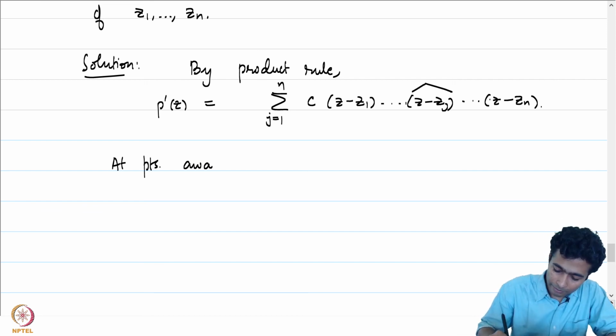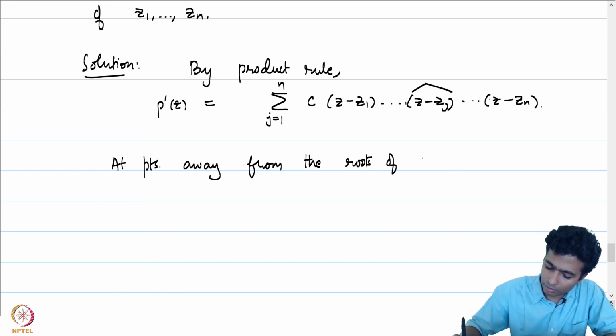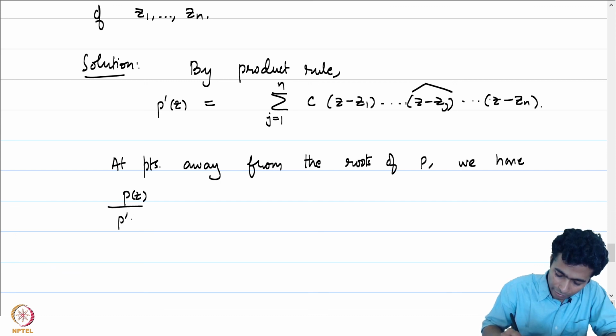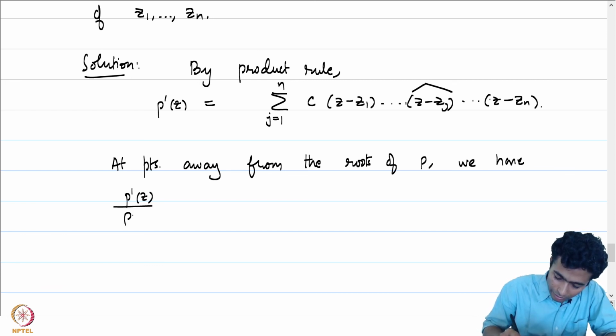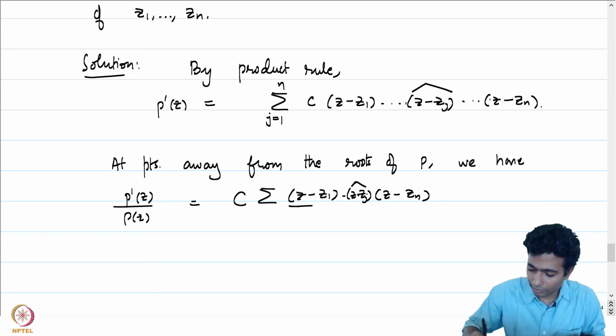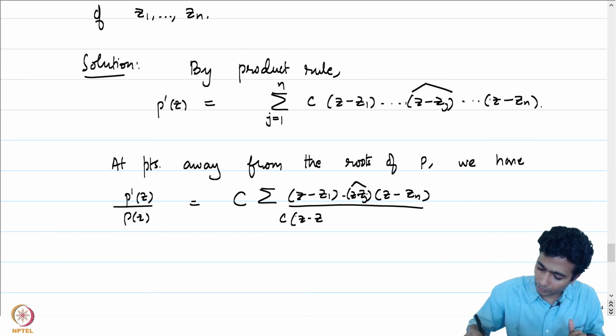At points away from the roots of P, we have the rational function P prime of z by P of z, given by the summation of c times (z - z1) up to (z - zn) with the (z - zj) hat removed, divided by P of z, which is c times (z - z1) all the way up to (z - zn).